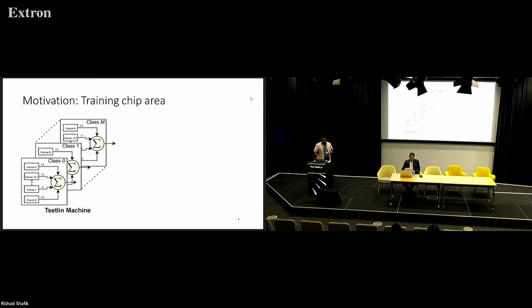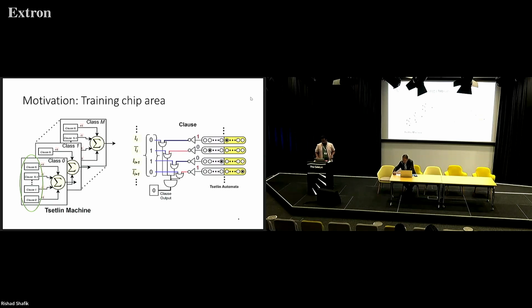The motivation behind this is basically we want to implement a Tsetlin machine training chip. The architecture is quite huge, and the most amount of area is consumed by the clauses which contain automata.